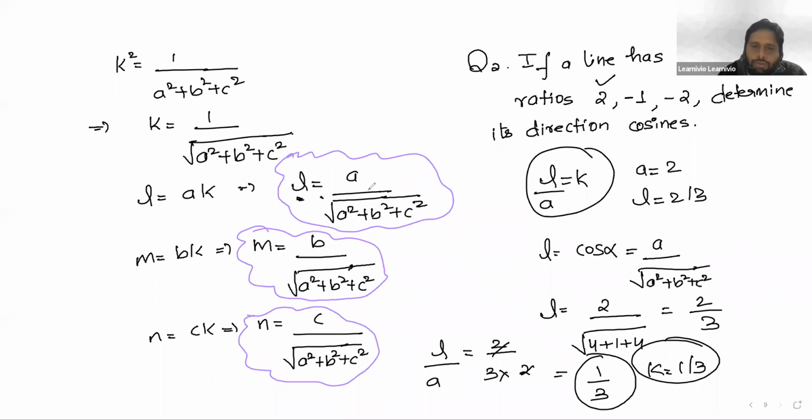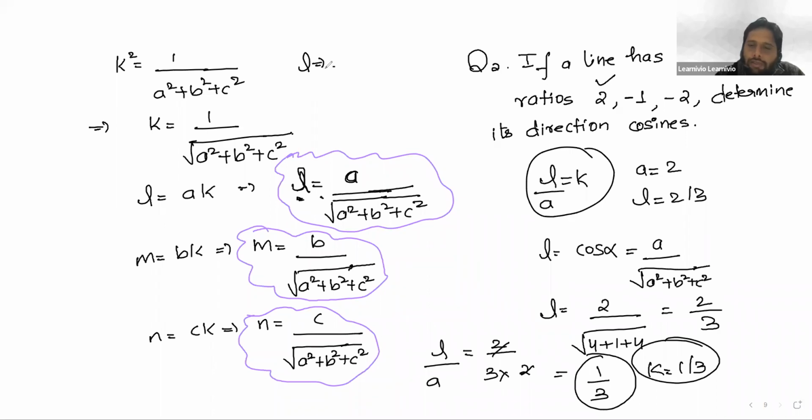Umair, you understood this formula? L is equal to A by under root of A square plus B square plus C square. What is L, Umair? Leave that.